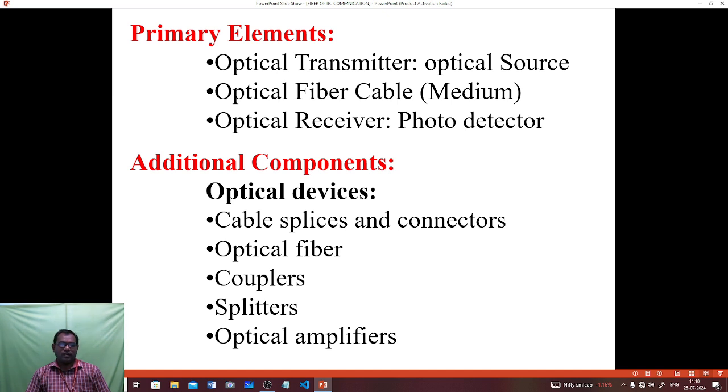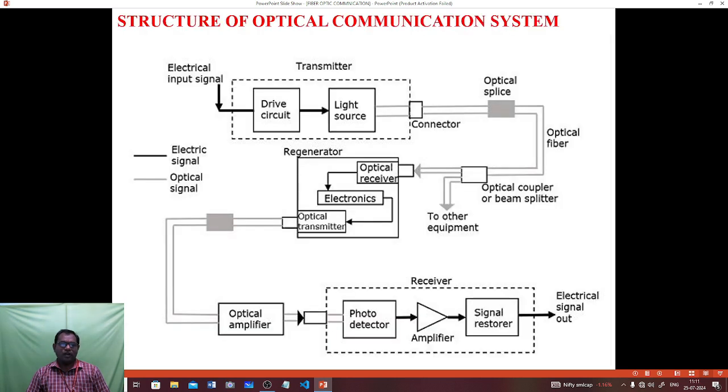So laser diodes and LED diodes are used for the transmitter, and additional components used are optical devices: cable splicing and connectors, optical fiber couplers, splitters, optical amplifiers. These are all the additional components.